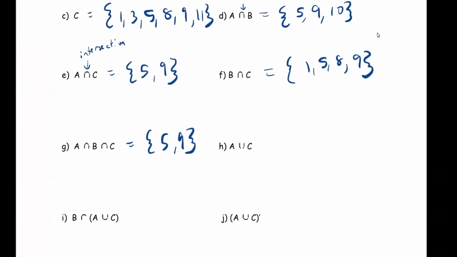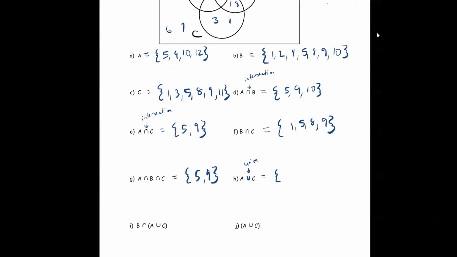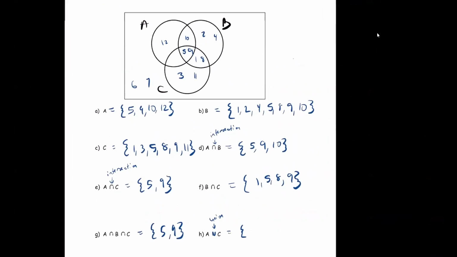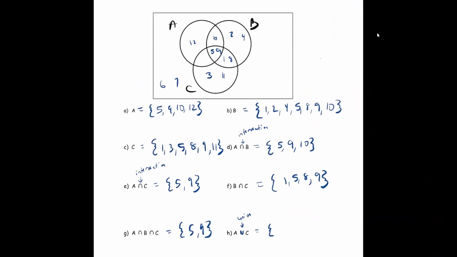All right, A union C. Careful now, this is a union. Union A and C. So what does union mean? Everything that's within those letters. Yeah, within those two sets. So what would be everything in A and C? 1, 2, 10, 5, 9, 8.